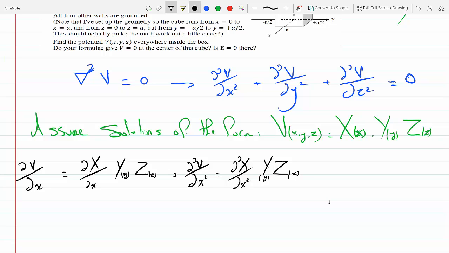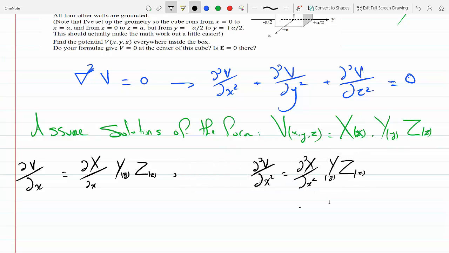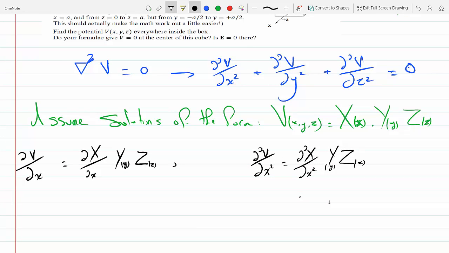If I do this same exact thing again for y, I get d squared V over dy squared equals X, which is independent of y so X stays, times d squared Y over dy squared, and Z is independent of y.